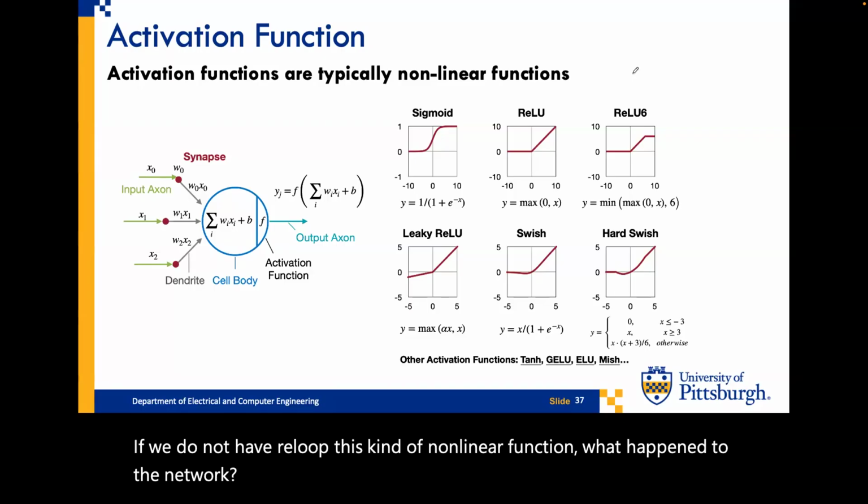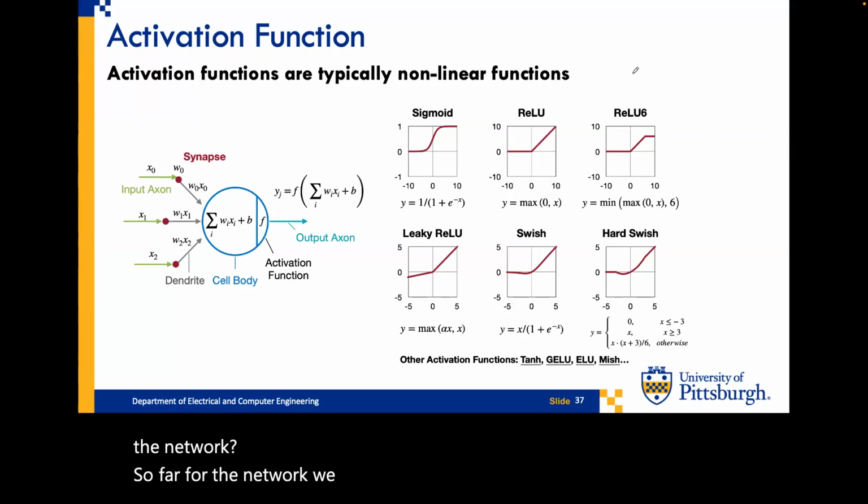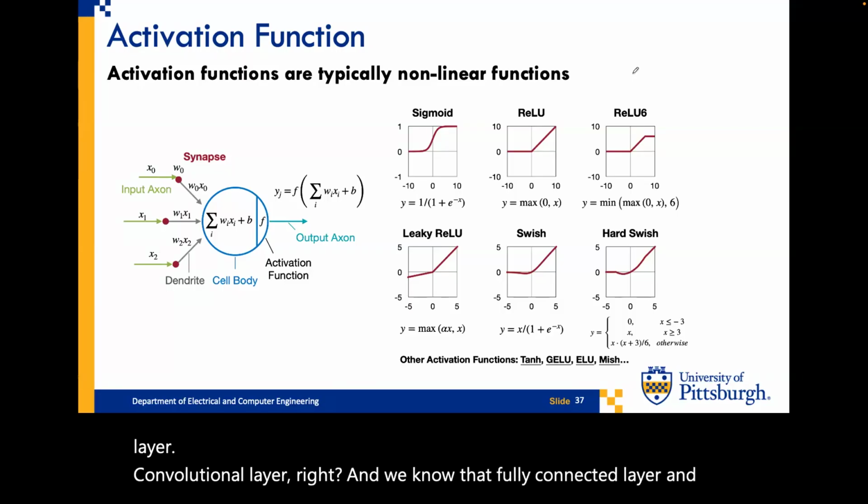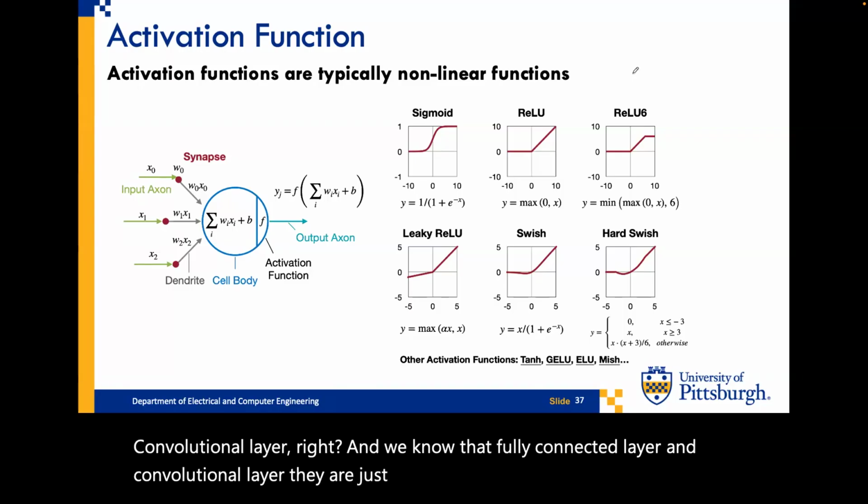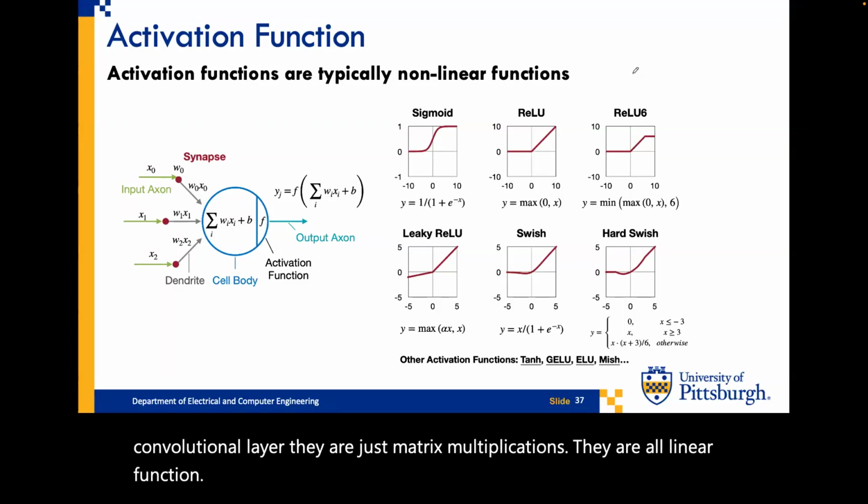So far, the networks we have learned only have fully connected layers and convolutional layers, right? And we know the fully connected layer and convolutional layer are just matrix multiplications. They are all linear functions.